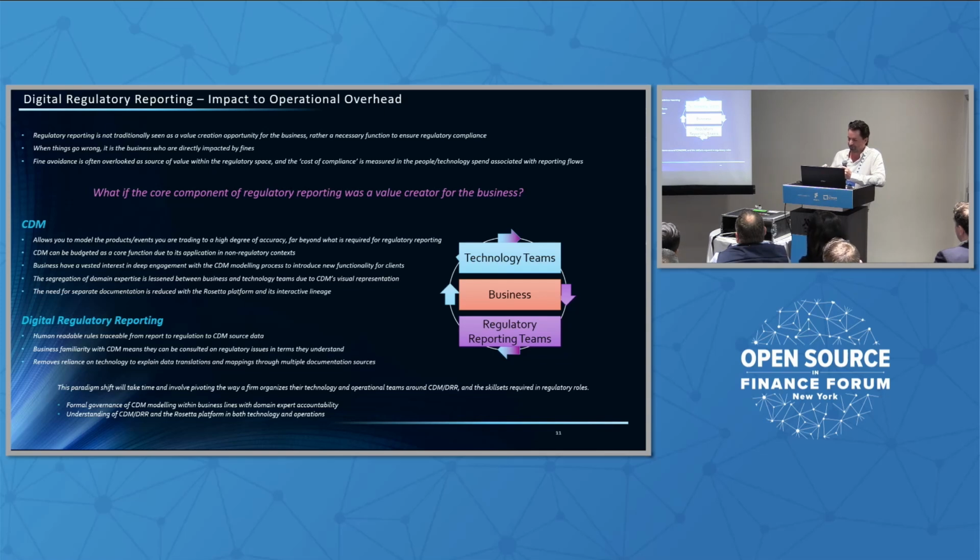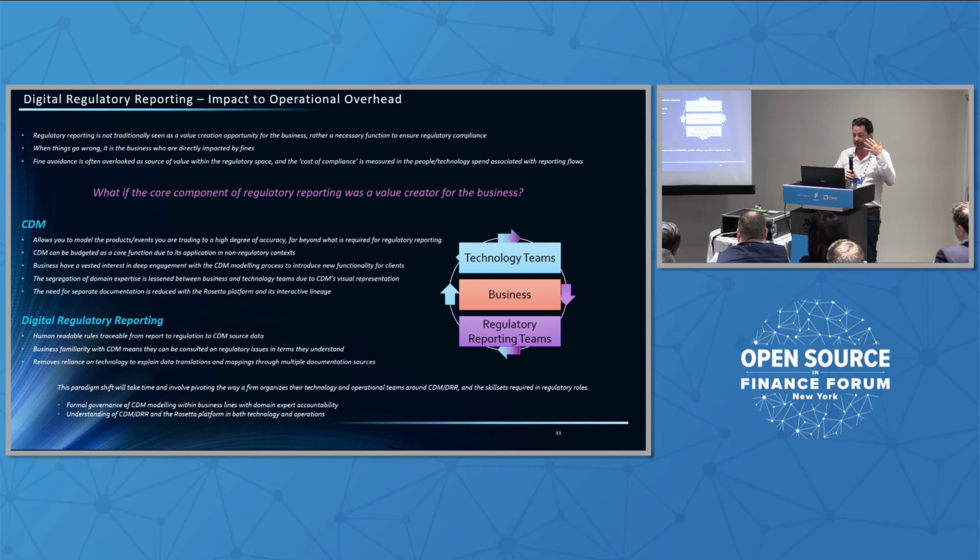It's just a few click-throughs in the Rosetta platform to see how you get from CDM to a certain regulatory rule, to a certain regulatory field, or a regulatory validation. That single store of lineage is what is very powerful. As you've heard, digital regulatory reporting is all human readable.